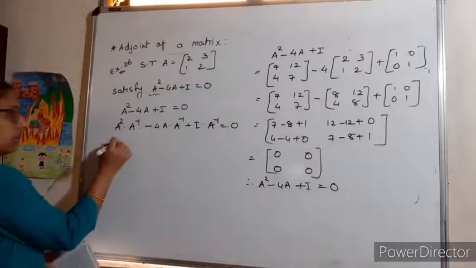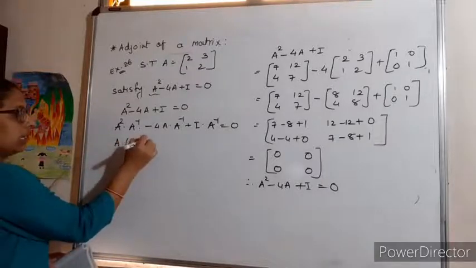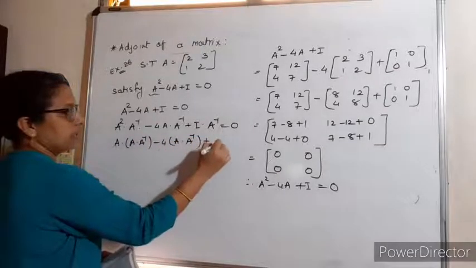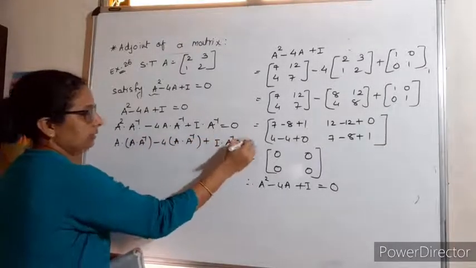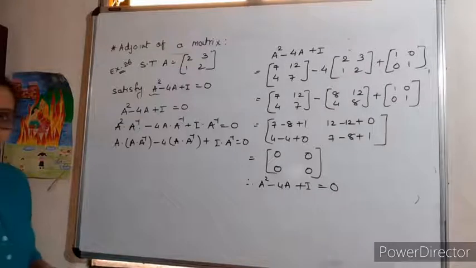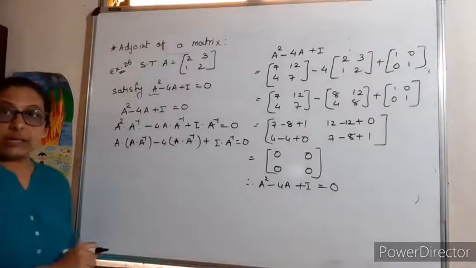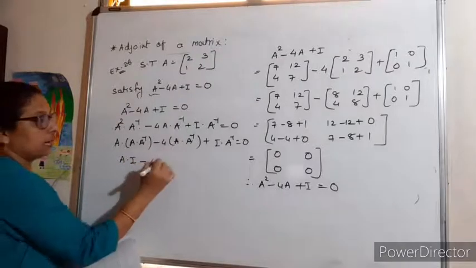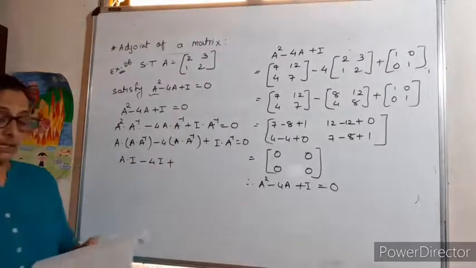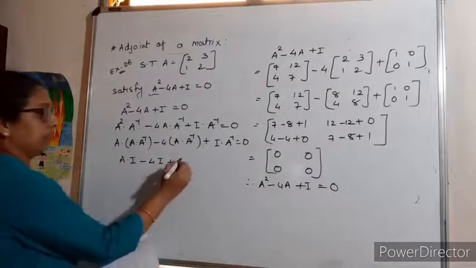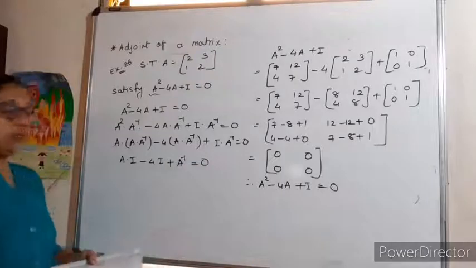Here it is A, minus 4 identity, plus A inverse, equal to 0. Now what does A into A inverse become? Identity. So A into identity is A, and 4 into identity. And if you multiply anything by identity, what do you get? A inverse equal to 0.